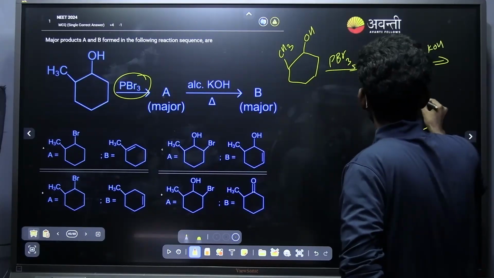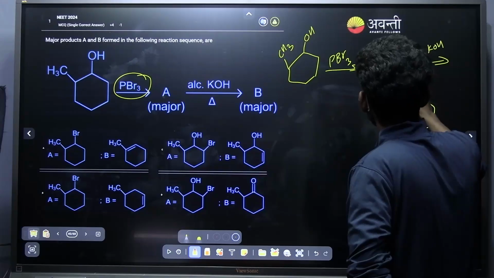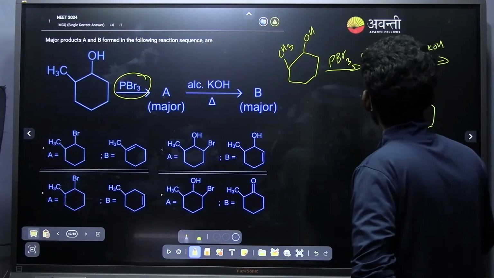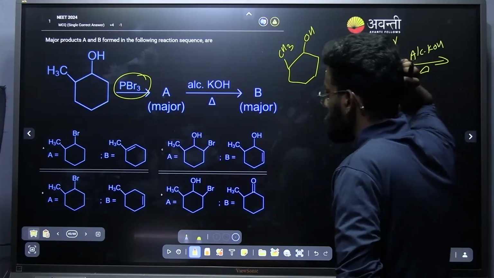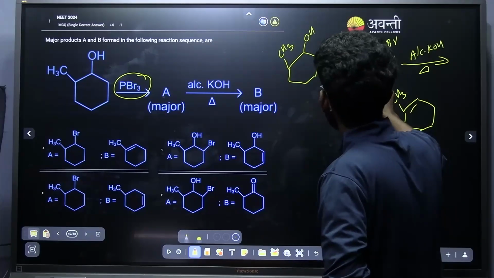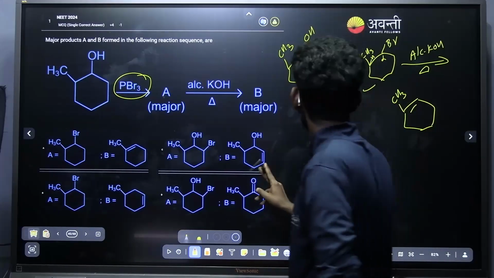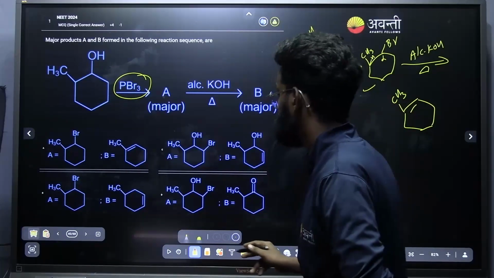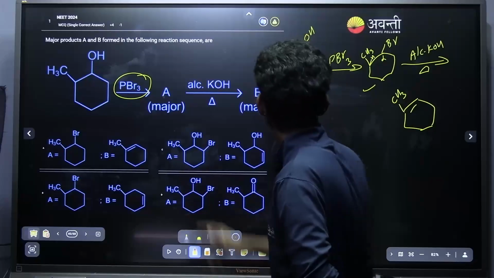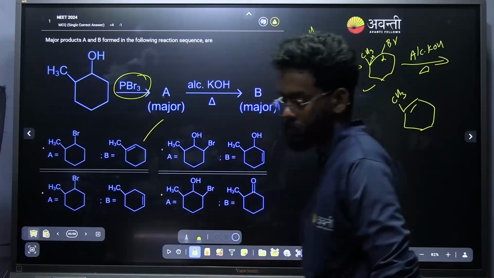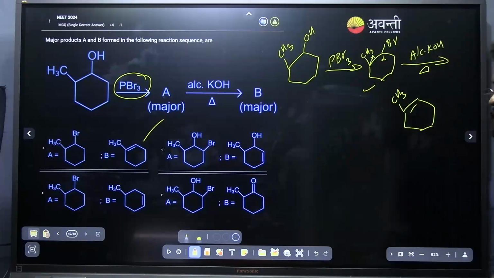Alpha beta elimination will be taking place, resulting in the formation of a more stable alkene. So what is our final product? This is answer A, and this is option B. Yes, option A is the correct one. Got it, everyone? Shall we move to the next question?